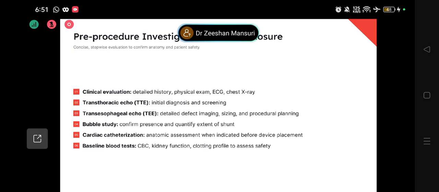Then you need to take the LV and aorta, and sometimes you can also exclude the ascending aorta and directly take the descending aorta, because in the ascending aorta, the sample might differ in case of the patent ductus arteriosus, which is usually located just opposite the left subclavian artery.